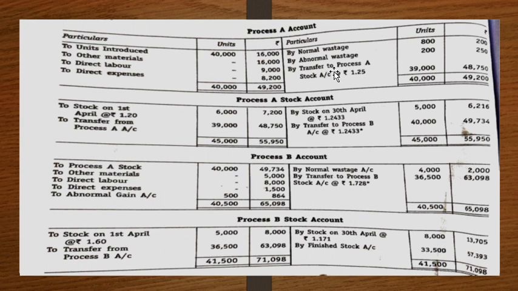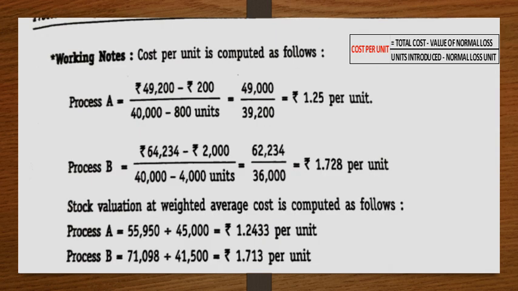So now we'll use the formula to calculate the abnormal wastage. The formula to calculate it, as you all know, is cost per unit equals total cost minus value of normal loss, divided by units introduced minus normal loss units. So the numerator will be the total cost minus normal loss value, divided by units introduced minus normal loss units.